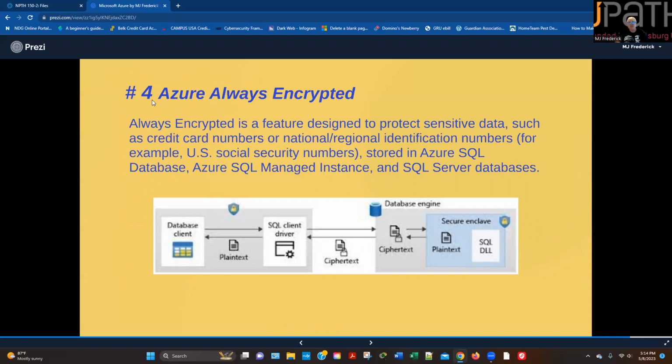It's a feature designed to protect very sensitive data. This is where you really want to be concerned about sensitive data, such as your credit card numbers, national and regional identification numbers, Social Security numbers, for example, stored in Azure SQL Database, Azure SQL Managed Instance, or SQL Server databases. So this always has to do with the database and information.